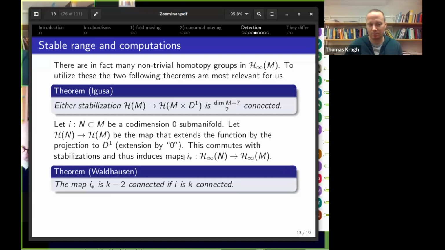But then Waldhausen essentially proved that if this map I is k-connected, then this map of stable h-cobordism spaces will be (k-2)-connected. This follows from several of Waldhausen's works, but the way I think of this is that the stable h-cobordism space can be computed using Waldhausen's algebraic K-theory of spaces.